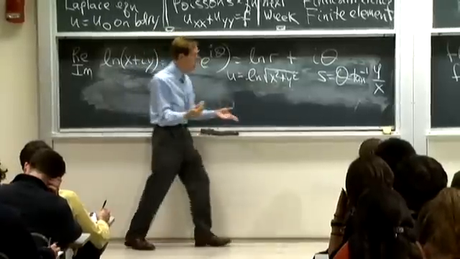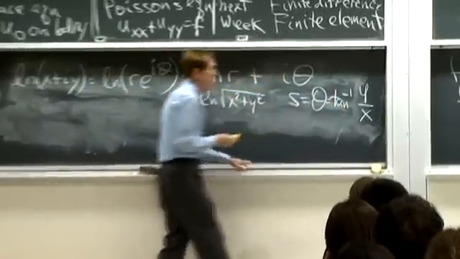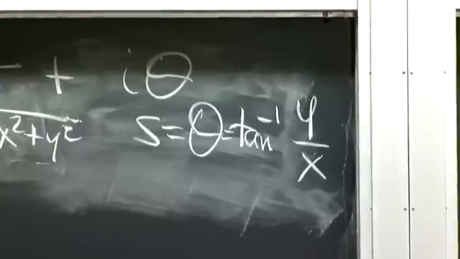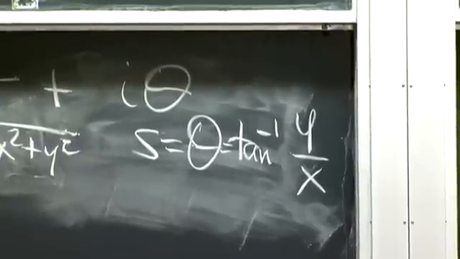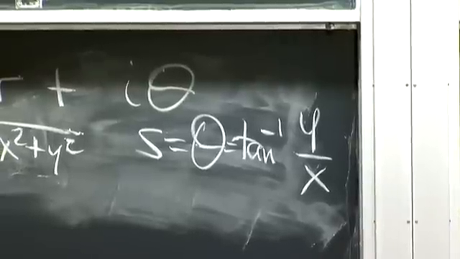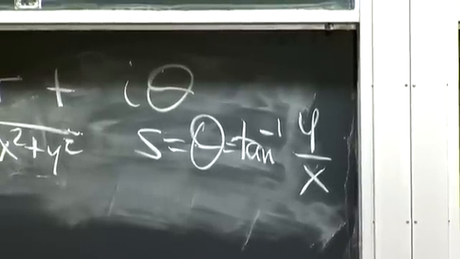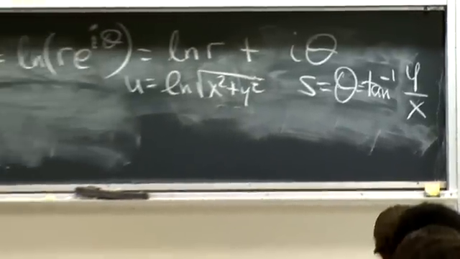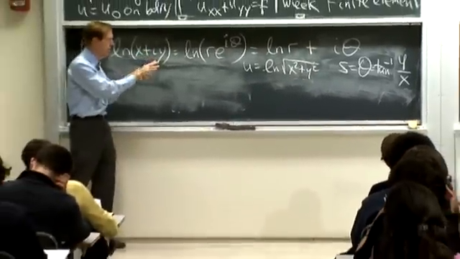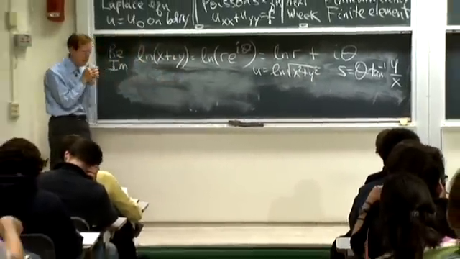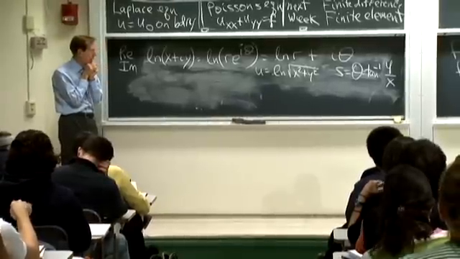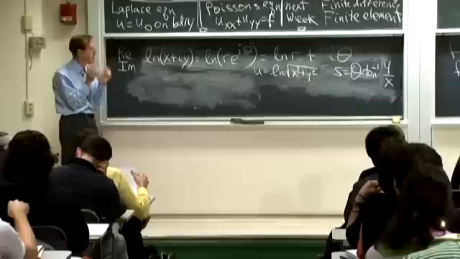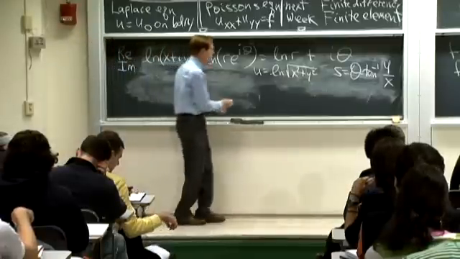And again, if you remember in calculus how to take derivatives of this thing and you plug it into Laplace's equation, you get 0. It works. So that's a great solution, except where? At 0. Except at 0. And this doesn't tell us what's happening at 0. It's an excellent solution.